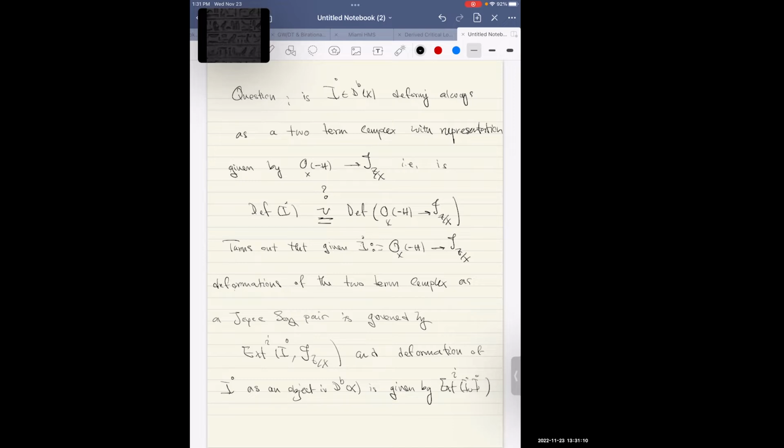Okay, hence one needs to prove that Ext^i of I dot, I Z of H, I Z of X is the same as Ext^i of I dot, I dot, for at least i equal to 1, at the level of the first order deformations.